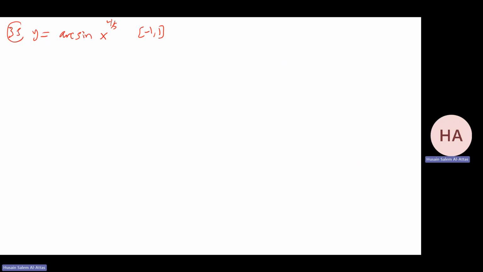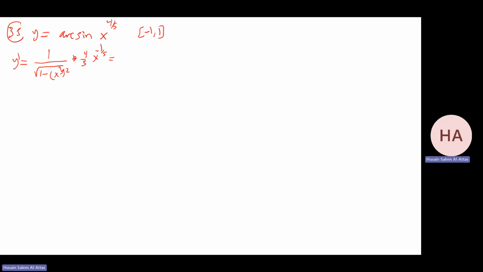It seems the calculation is a little bit complicated. Y prime will be 1 over square root of 1 minus this squared, times this derivative, which is 4 over 5, x to the minus 1 over 5.